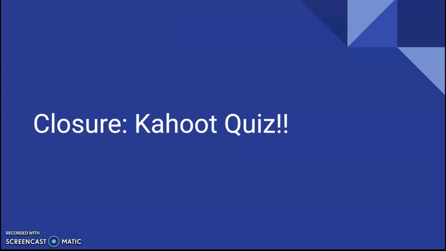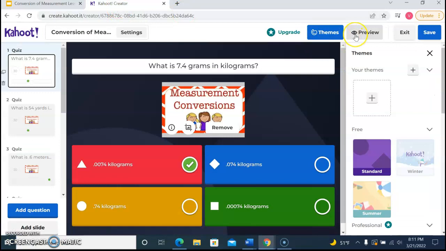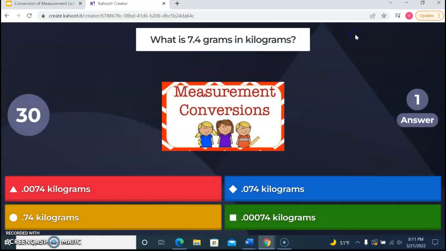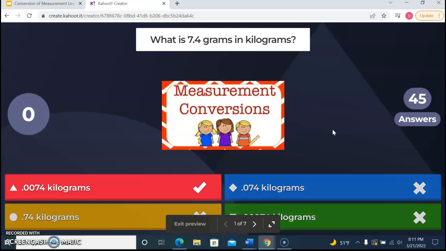So for the closure of this mini lesson is a Kahoot quiz. Question 1. What is 7.4 grams in kilograms? For each of these problems, you get 30 seconds to work on the problem.